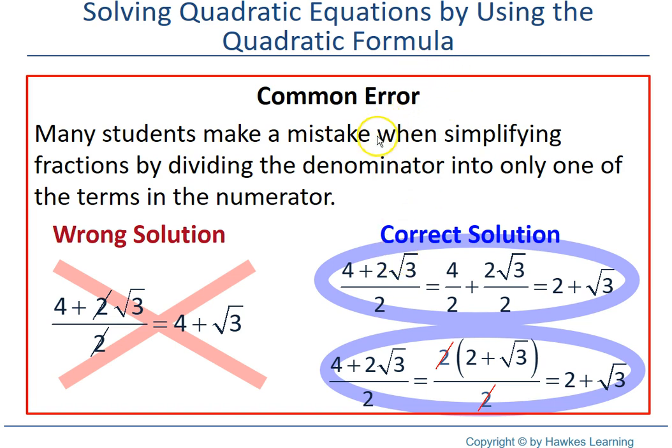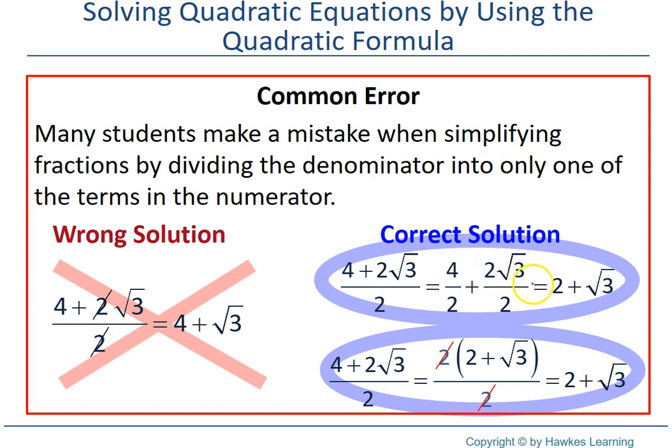Okay, they're showing us some common errors here. Let's take a look at it. So here we have 4 plus 2 square root of 3, all over 2. And what they're indicating is they're going to cancel out this 2 here. Well, you can't cancel out this 2 because this 2 here is not a factor. You can only cancel out common factors.